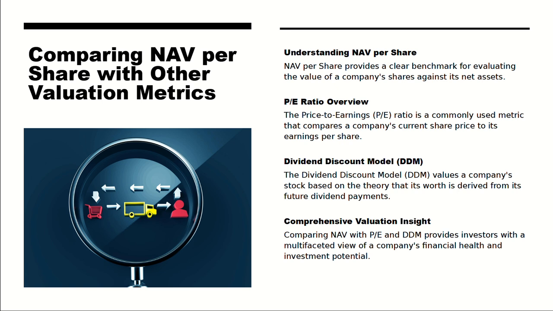Dividend discount model, DDM. The dividend discount model values a company's stock based on the theory that its worth is derived from its future dividend payments. Comprehensive valuation insight. Comparing NAV with PE and DDM provides investors with a multifaceted view of a company's financial health and investment potential.